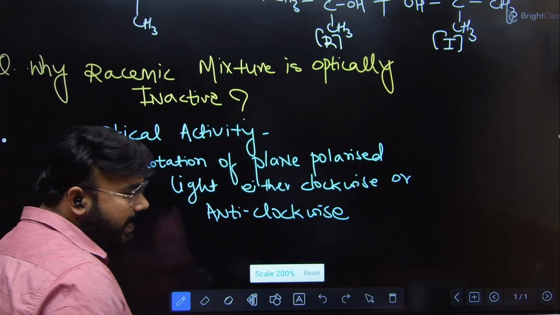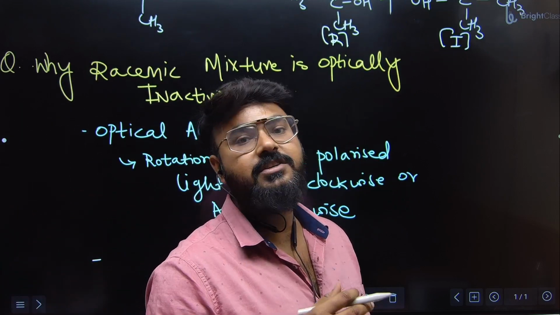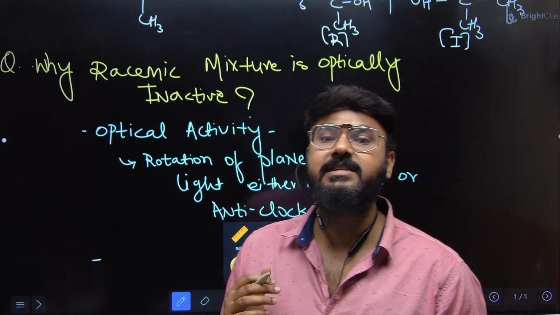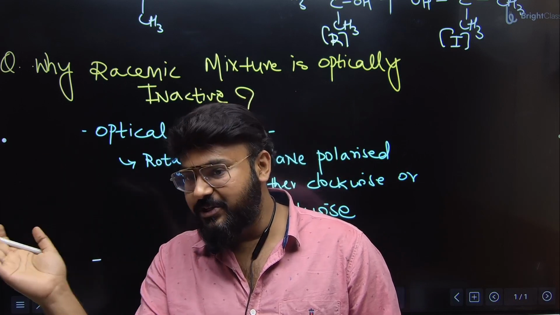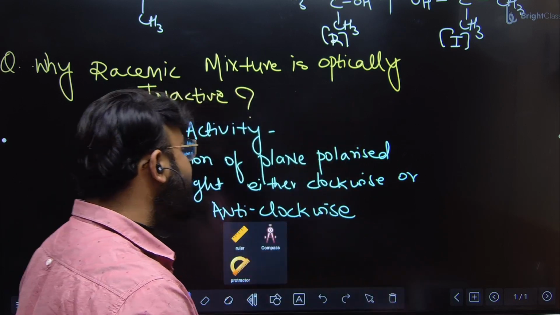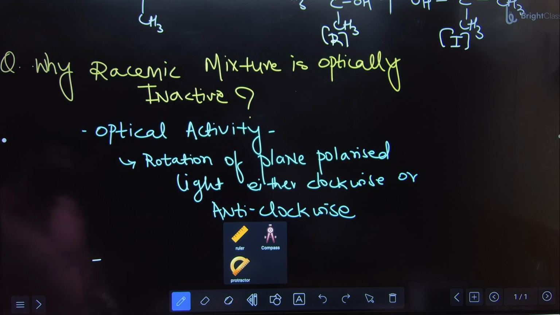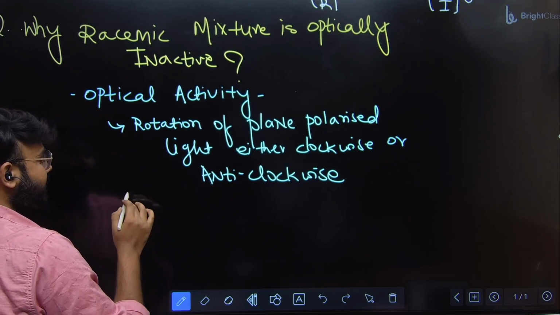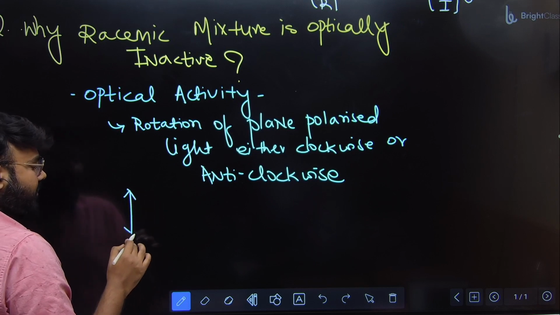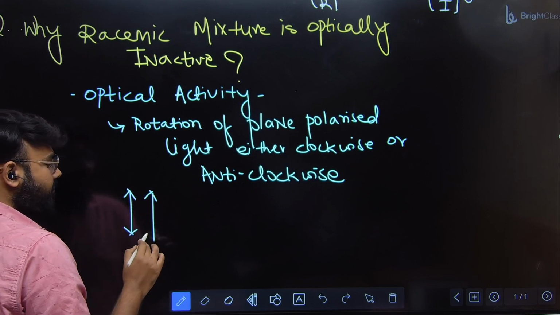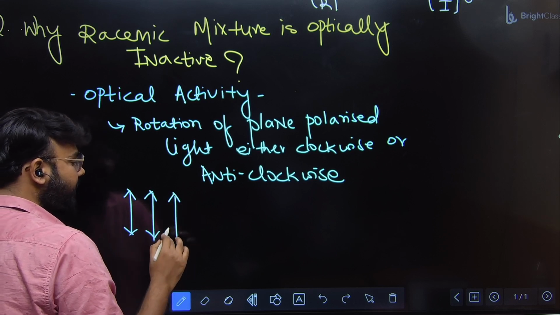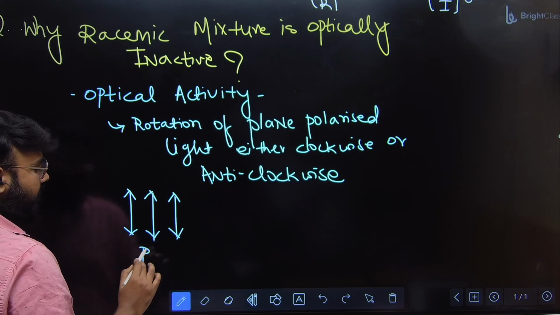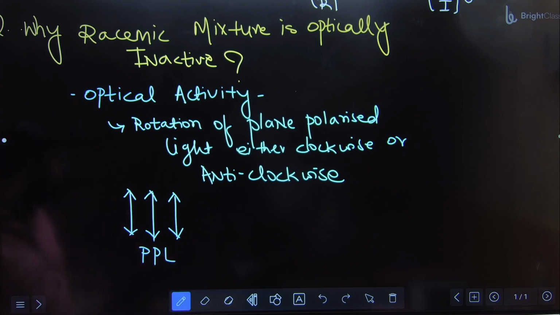So optically active solutions are those that rotate the plane polarized light either clockwise or anti-clockwise when you pass it through them. For example, what is plane polarized light? This is how we represent plane polarized light in two directions. Got it?